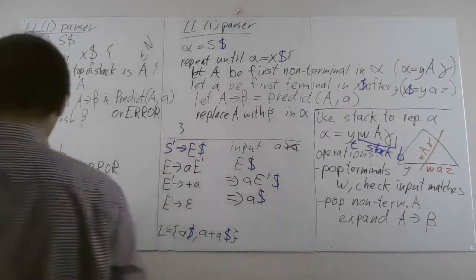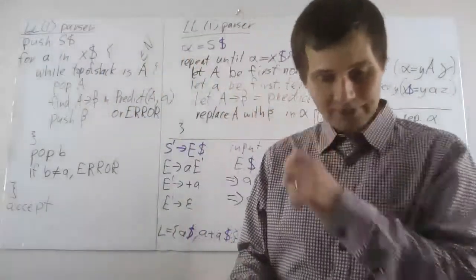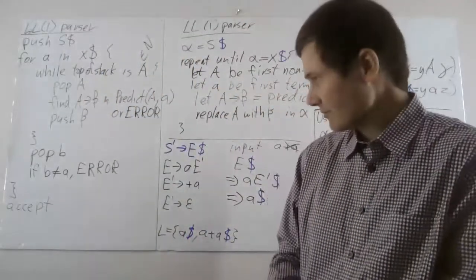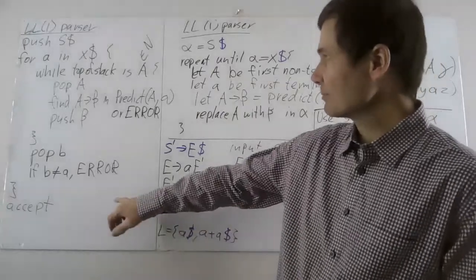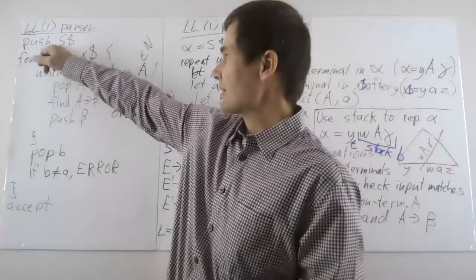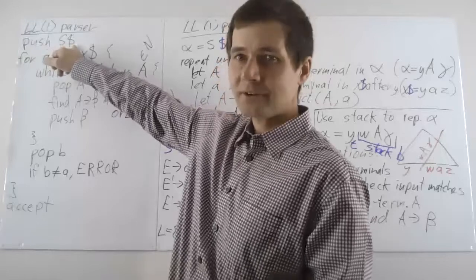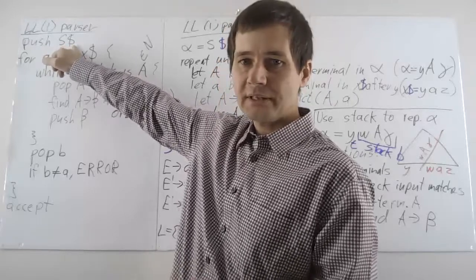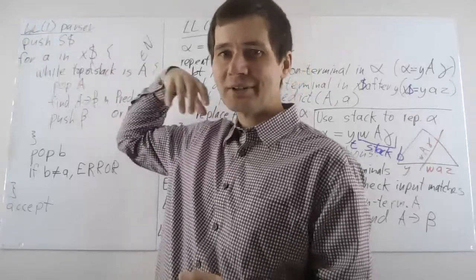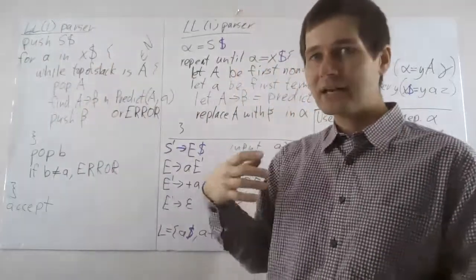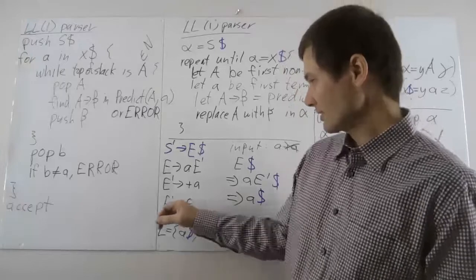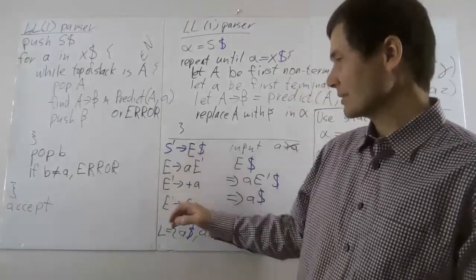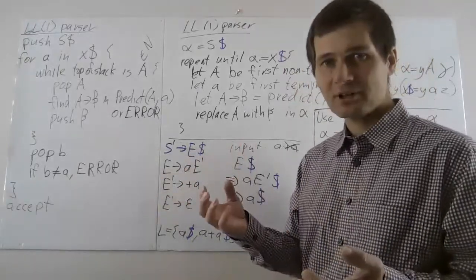If I manage to get here, I'm going to accept. And why is that safe? Well, it's safe because I started with my stack having a $ sign on the bottom, and it's always going to keep that $ sign on the bottom because none of the original rules in my grammar ever changed the $ sign.